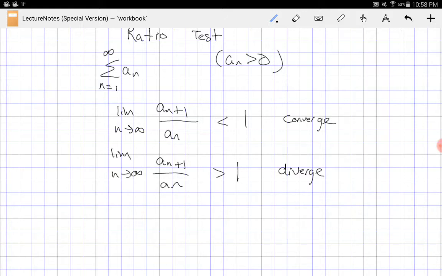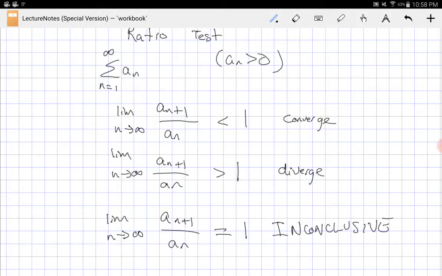The reason we don't use this all the time is because when the limit as n goes to infinity of a_(n+1) over a_n is equal to 1, this test is inconclusive. And so this is the case that really makes all the other convergence tests useful.